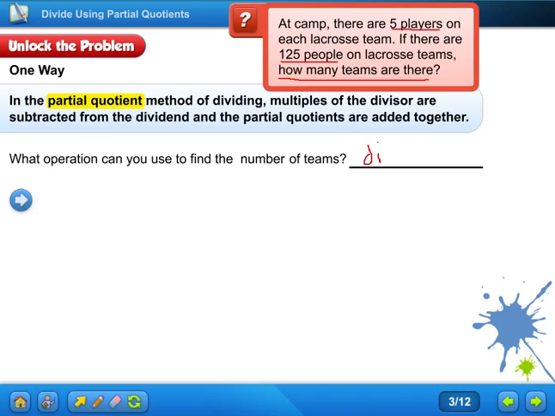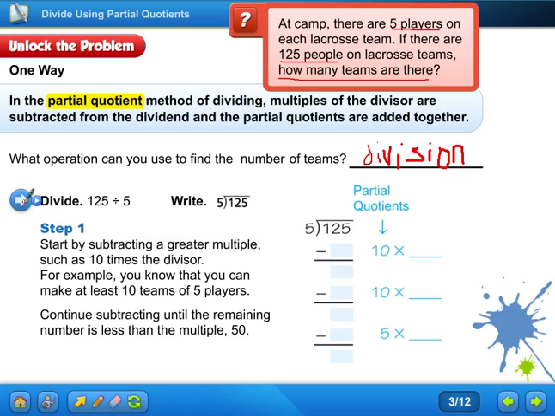Let me make my marker a little thicker. All right, division. How in the world are we going to do this? I remember doing it with multiplication, but can you think of a way we could do it with division?